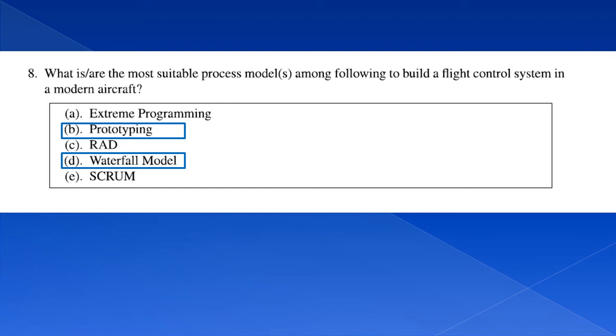It's the same as doing a life support system in a hospital, right? You can't give it by versions, right? You can't give a patient, now this is version 1, now you have a better life support version. No. If the previous version failed, the patient will die, right?